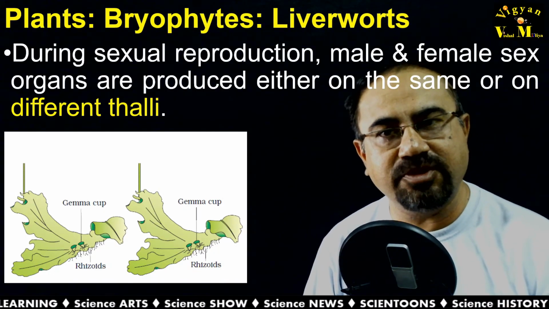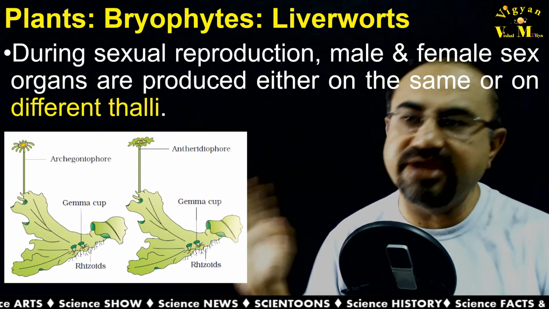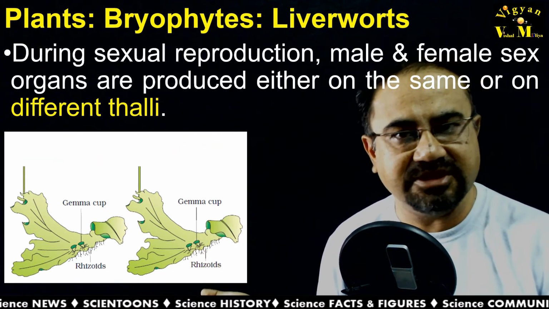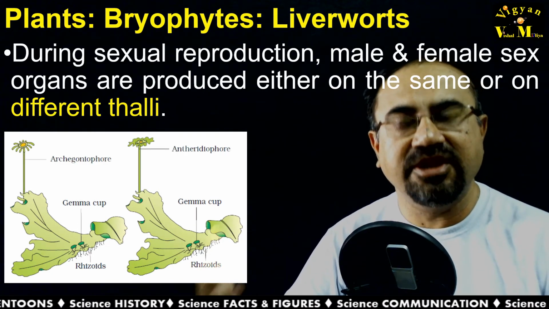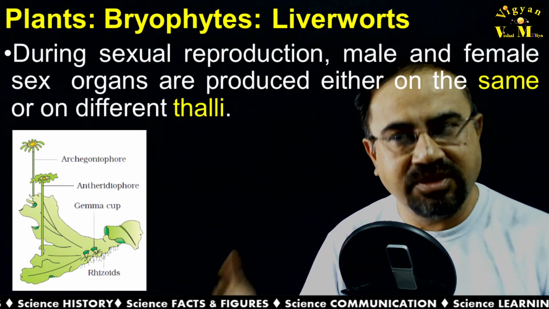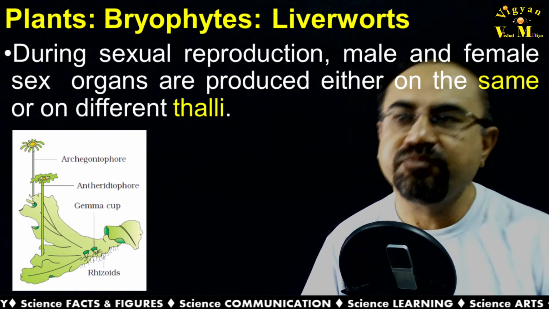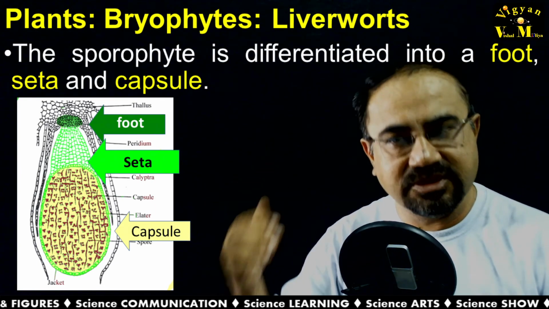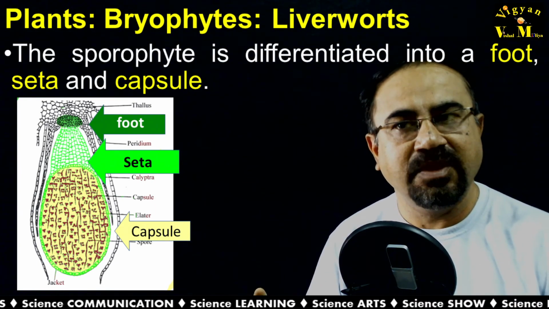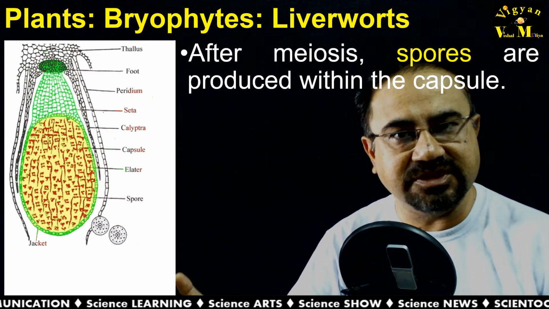During the sexual reproduction, male and female sex organs may be produced either on the same thalli, as you can see here, or on different thalli. Here you can see it is present on the different thalli. The sporophyte is differentiated into foot, seta, and capsule, and it produces the spores by meiosis.